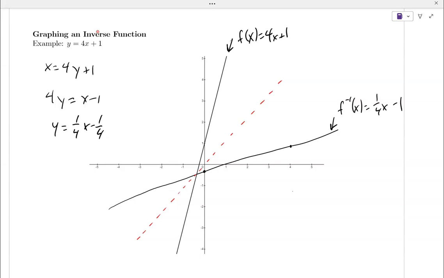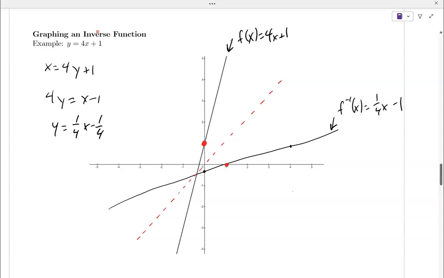The reason for that is because remember how we figured out our inverse function, right? So for example, what are the coordinates of this point right here that I just put in red? 0, 1, right? This one right over here, 1, 0. Notice I got flip-flopped around, right?